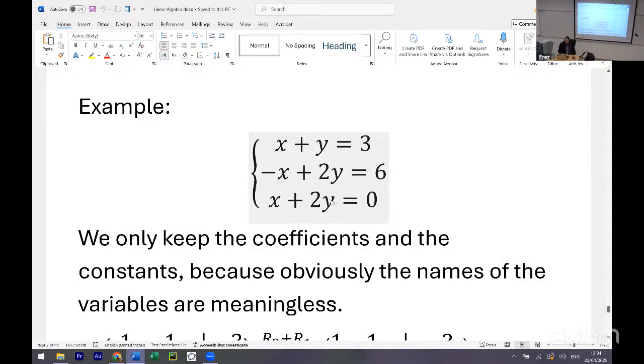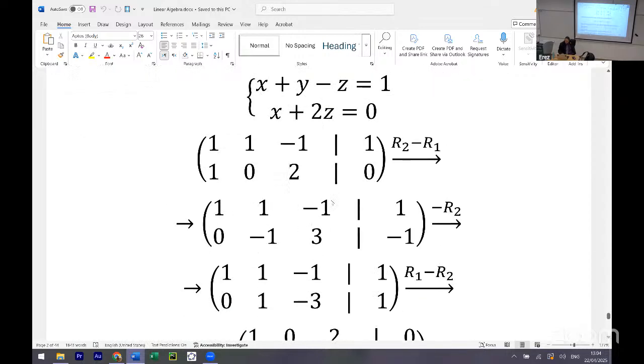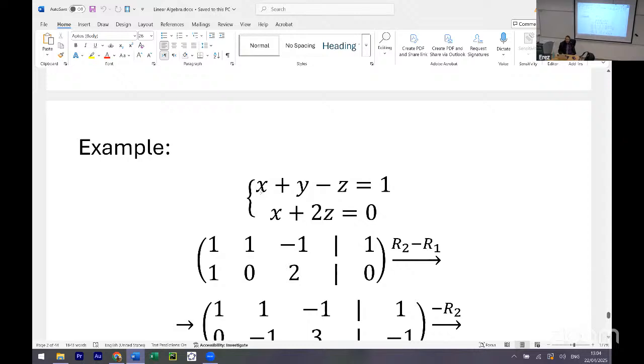I wish to have an example in 3D, to be honest. Let's skip to this one. 1 times x plus 1 times y plus minus 1 times z equals 1. And the second equation is 1 times x plus 0 times y plus 2 times z equals 0.